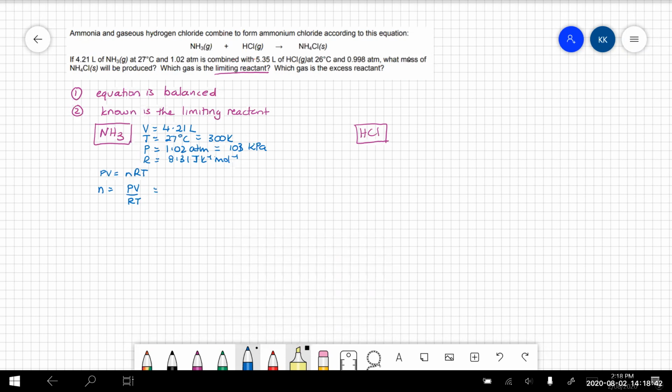I'm sorry if you were going, hang on, I get 103. You were right. So let's sub in. So pressure is 103 kilopascals. And our volume is 4.21. Our R is 8.31. And our temperature is 300. Bringing our moles to 0.175.